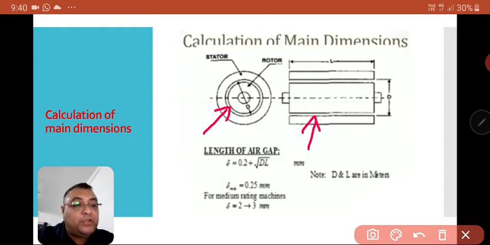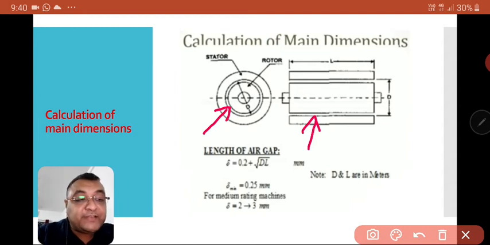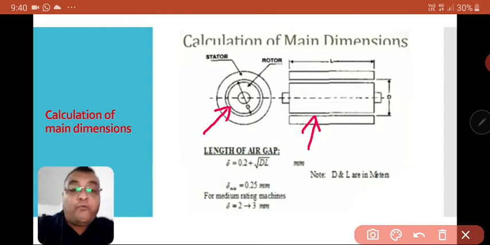With these two views we can understand the relation between different things related to the design of the three-phase induction motor. Like the diameter of bore, we need to understand first what is presented in this diagram.